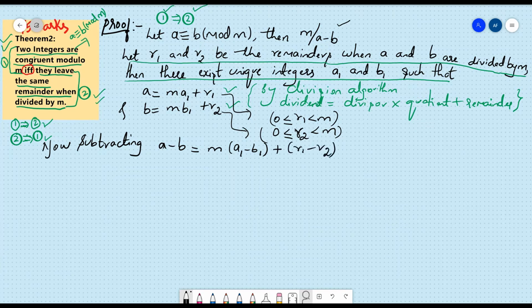Is that right? Yes. Let me make this equation I, otherwise it will confuse.